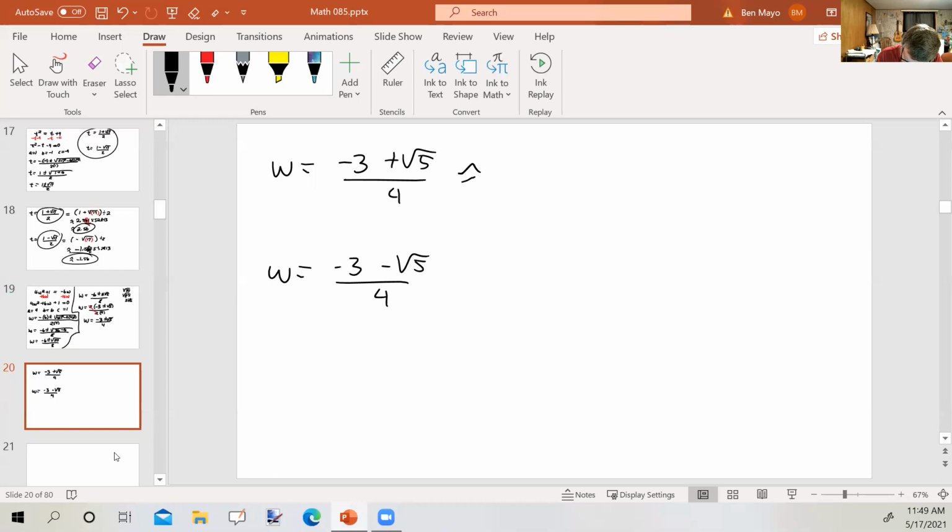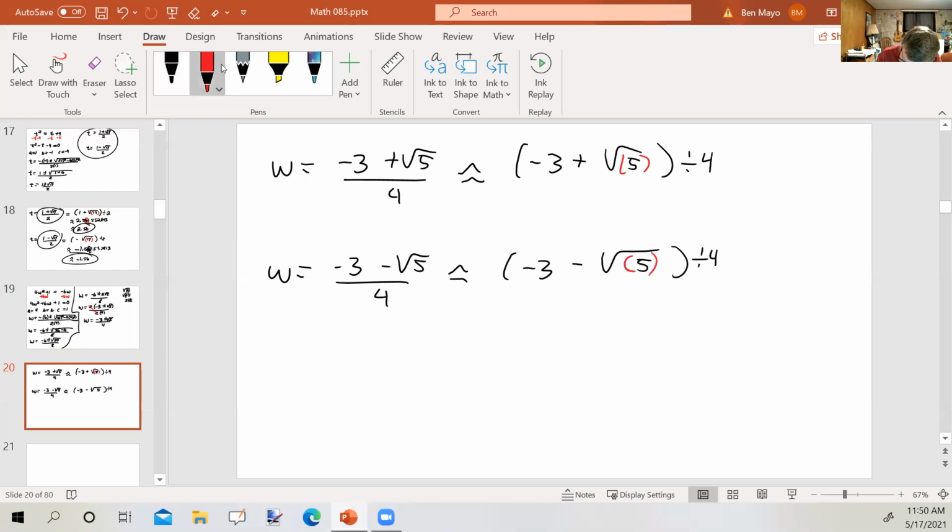Again, going back to the calculator, parentheses, negative 3 plus the square root of 5 divided by 4. And again, I've got that extra set of parentheses there. And then the bottom one, negative 3 minus the square root of 5 divided by 4. And again, so let's go to the calculator on the first one.